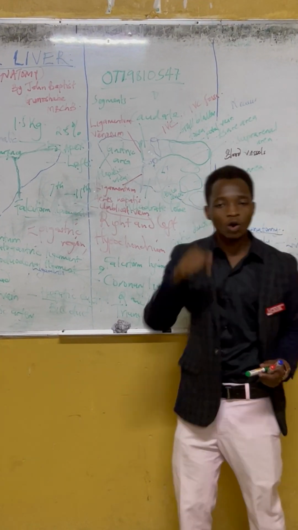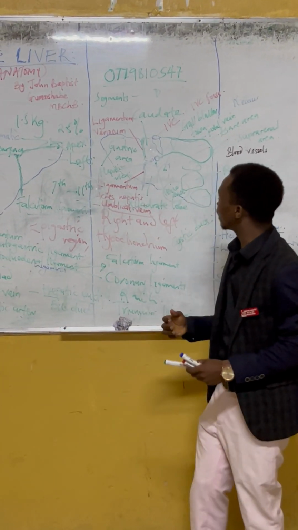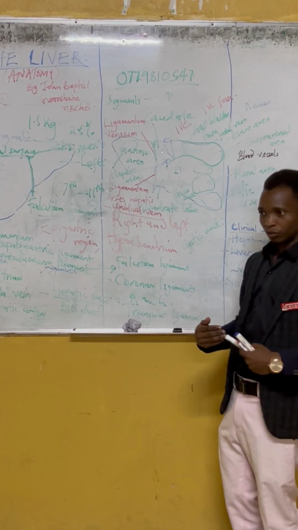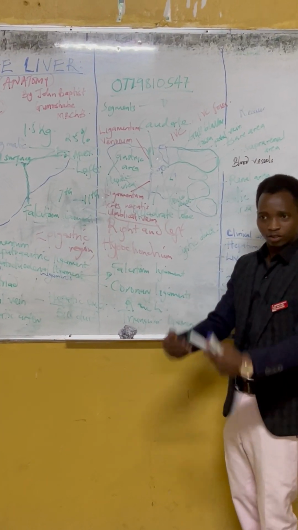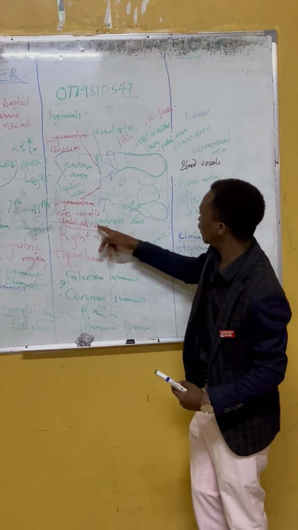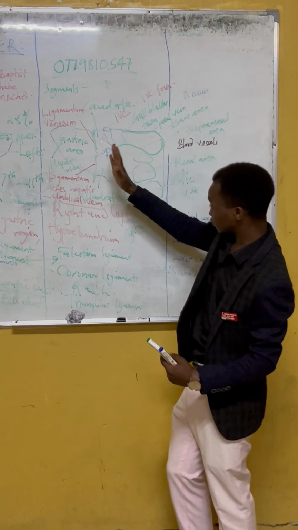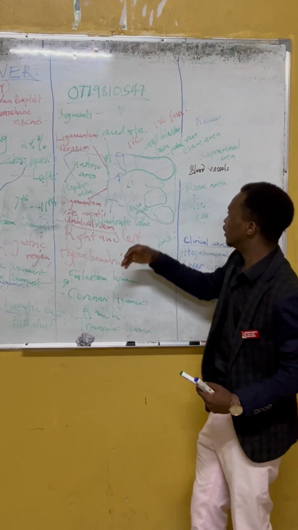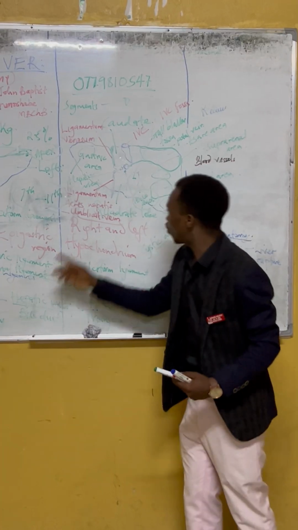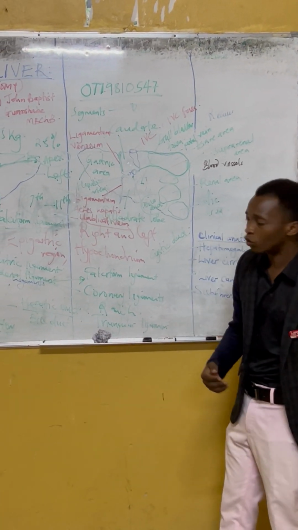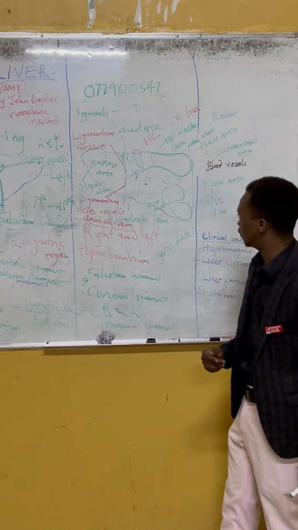It was named caudate lobe because it is formed posteriorly, as if it is like a tail. Then between the ligamentum teres hepatis and the fossa of the gallbladder, we have the quadrate lobe. So those are the 4 anatomical lobes of the liver.